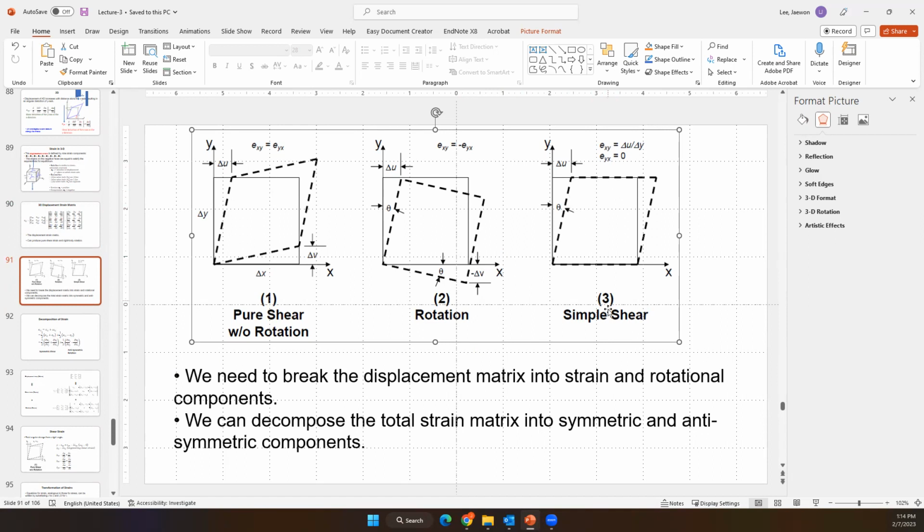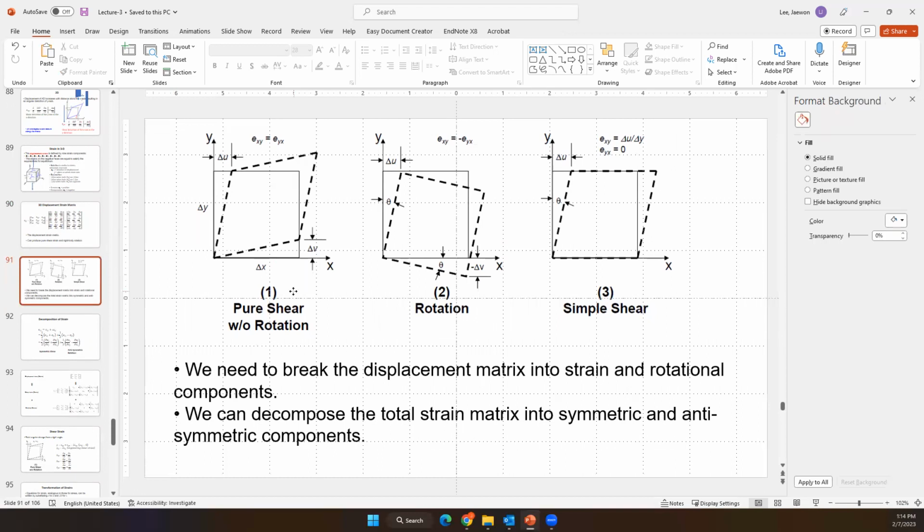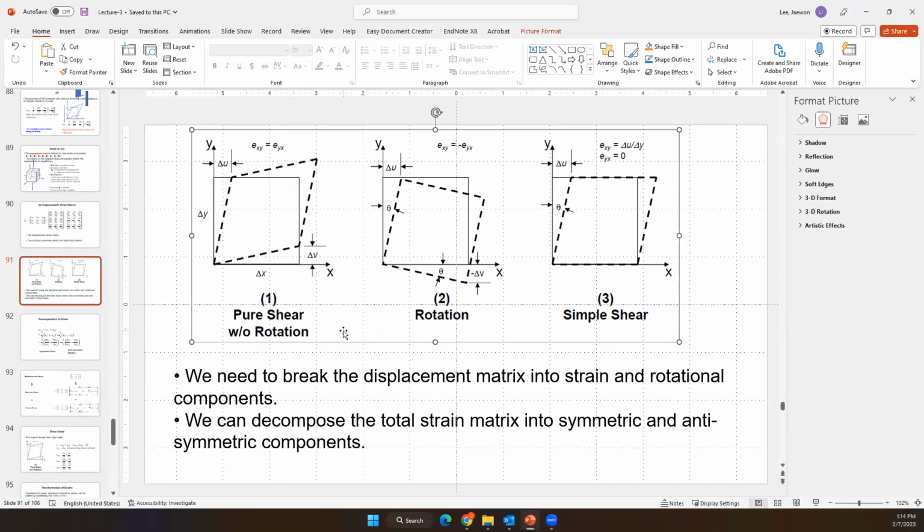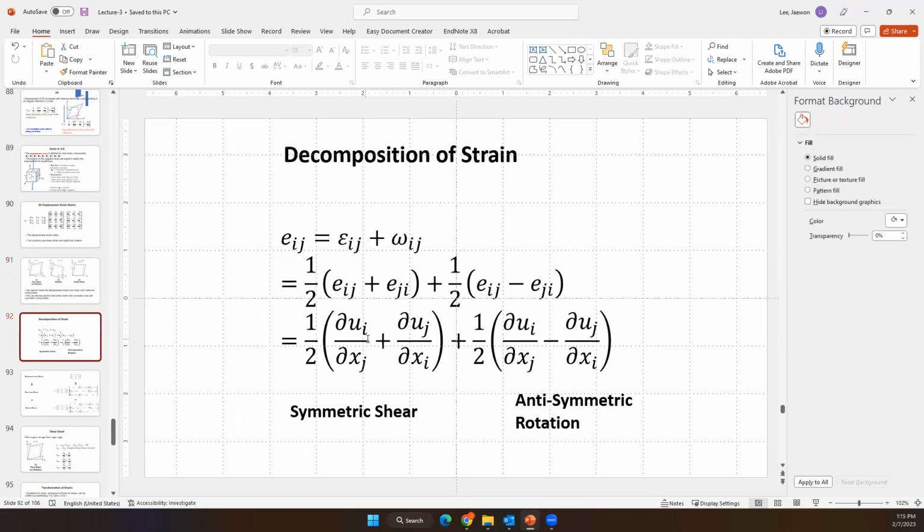And then if we consider just a simple shear, EXY is delta U over delta Y, but EYX equals 0. So we can think about three cases. This is shear without rotation, and simple shear displacement. So we can decompose the strain.